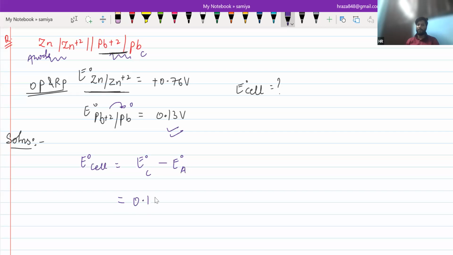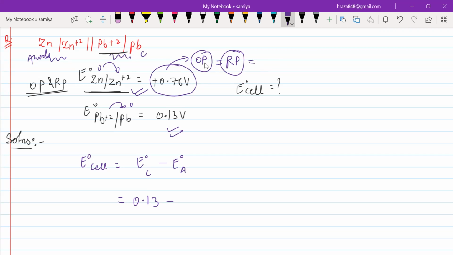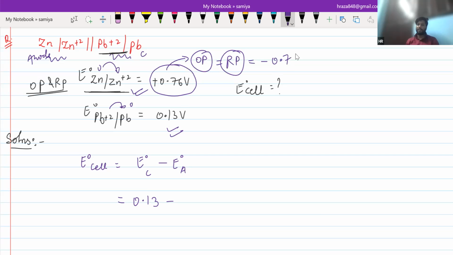That means 0.13 minus. Now at anode, don't put the value before checking this. It's going to 0 from plus 2, that means this value is oxidation potential. But we need to write the reduction potential in the numerical, so the reduction potential will be minus of this, minus 0.76 volt.